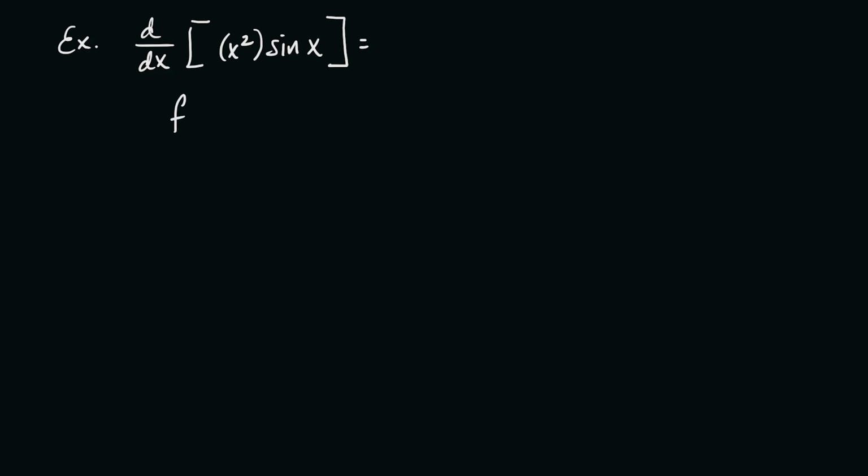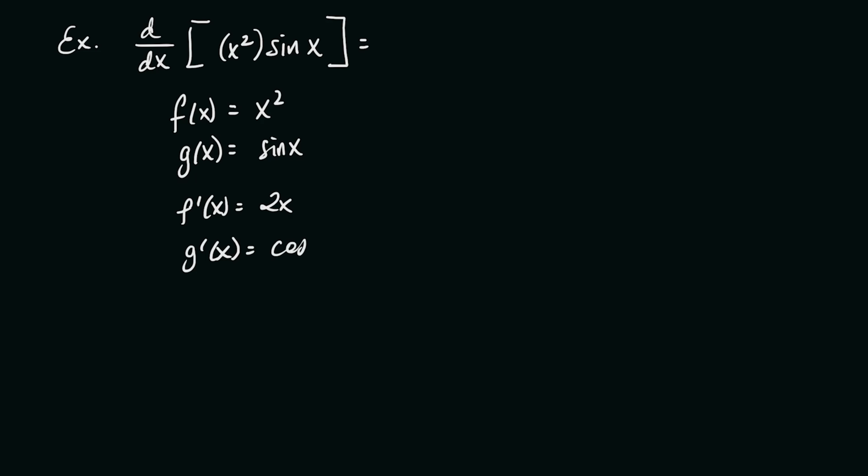We can tell that f of x, our first function, is just equal to x squared, and g of x is equal to sine x, right? Now, f prime of x is equal to 2x, and then g prime of x is equal to cosine x.